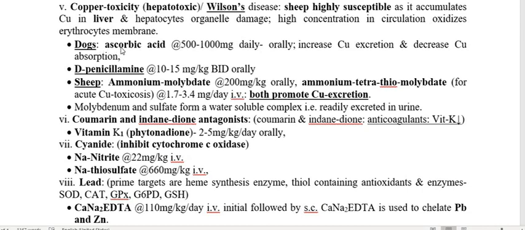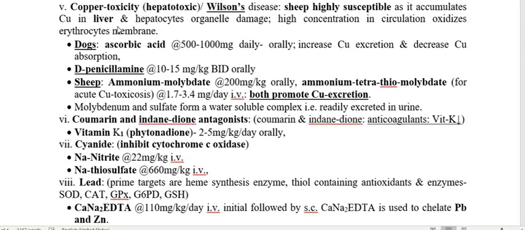Ascorbic acid in treatment of copper toxicity for dogs, the dose is 500 to 1000 milligram daily orally. Why does this act as an antidote for copper toxicity? Ascorbic acid enhances the rate of excretion of copper, so copper is removed quickly from the body of the poisoned animal.